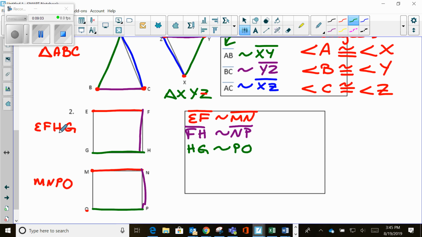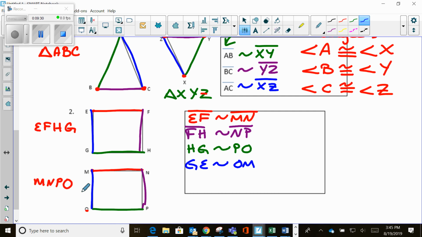Again, looking at the name, H and G are side by side, P and O are side by side. And our last one, GE, is going to be similar to what? OM. Because of the way we named the rectangles.